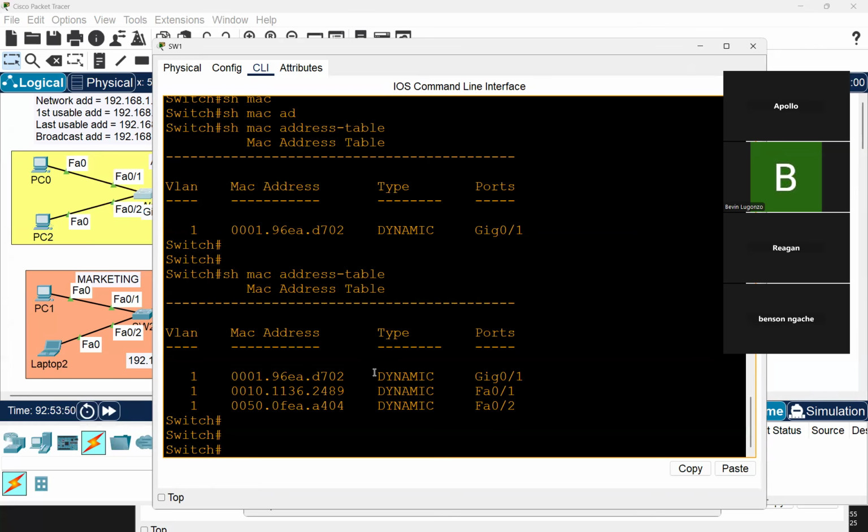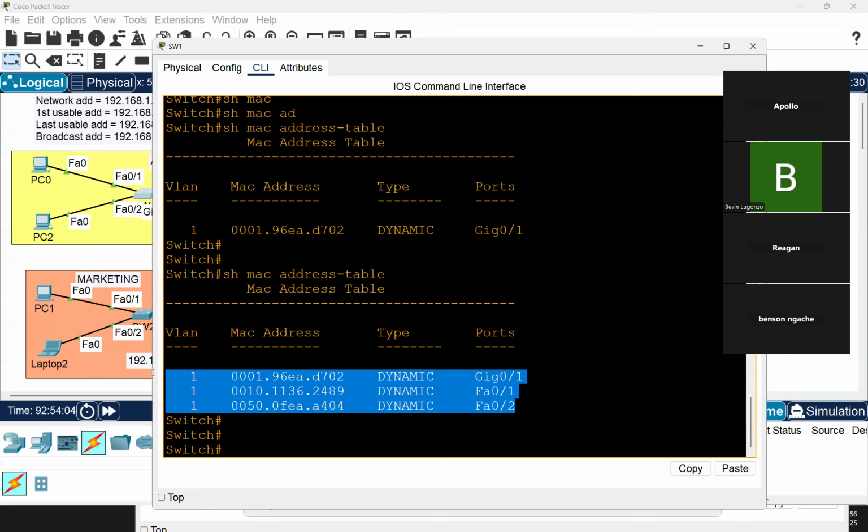One of the attacks is the ARP spoofing attack, or ARP flooding, where attackers send so much traffic to the switch so that the MAC address table gets filled up, and then the switch starts flooding all the traffic like a hub does, and then they're able to capture that traffic and use it to carry out the attack.